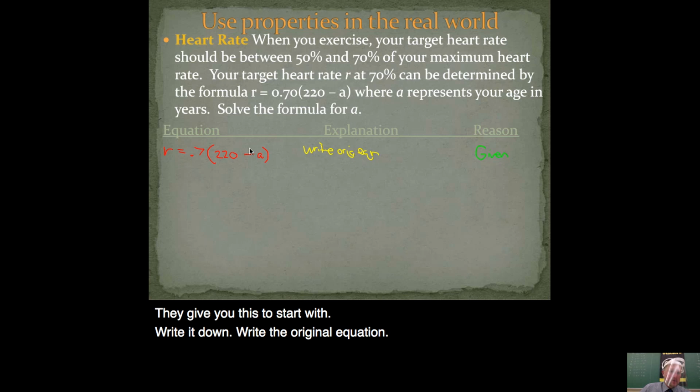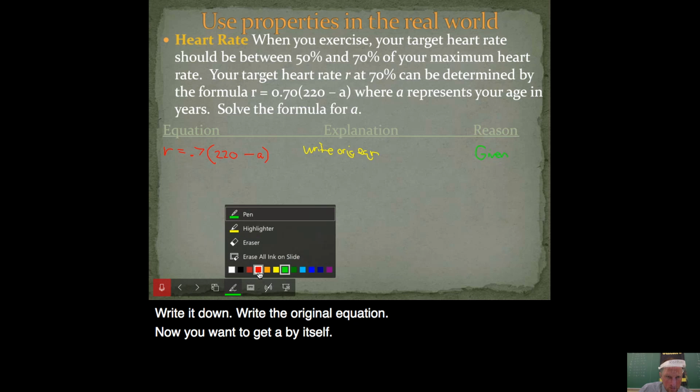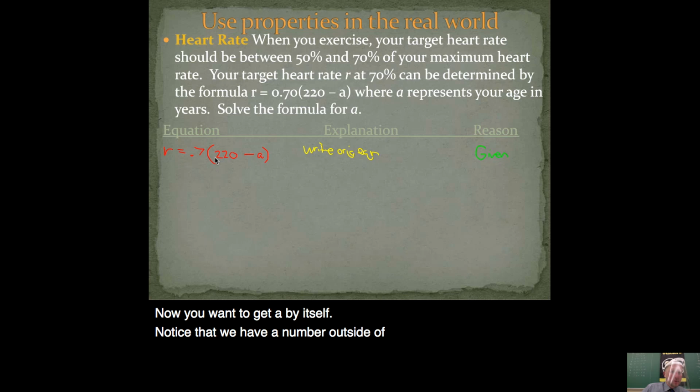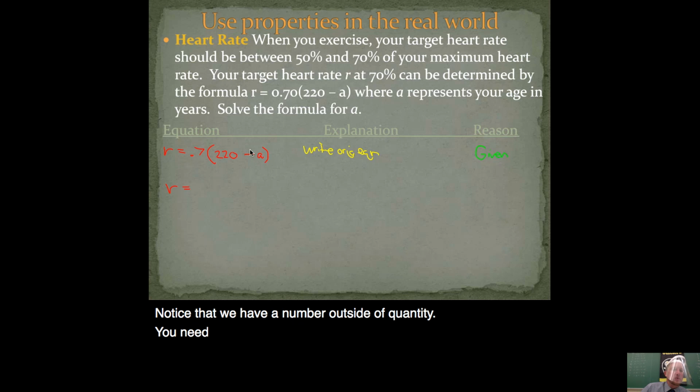Now you want to get A by itself. We have a number outside of the quantity. You need to distribute that 0.7 times those two numbers.